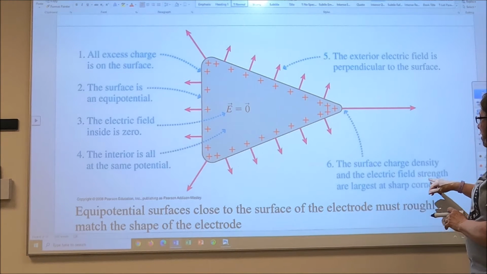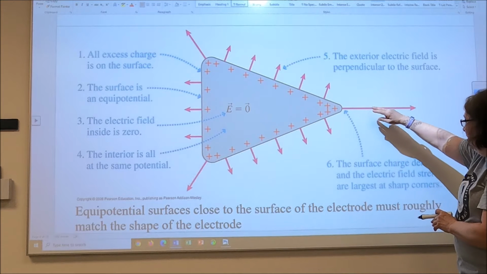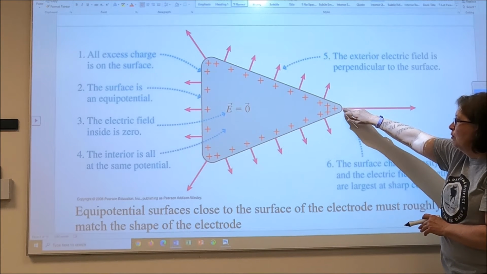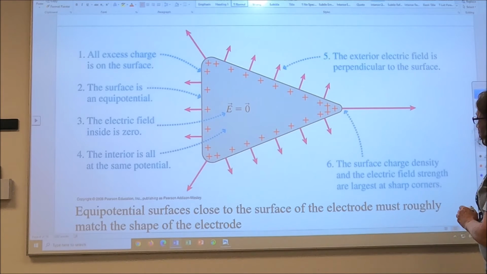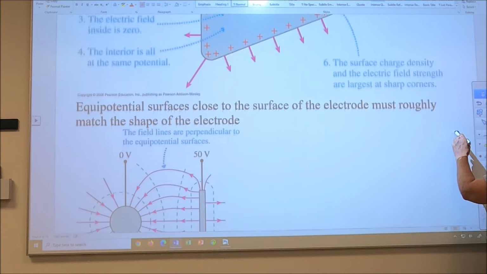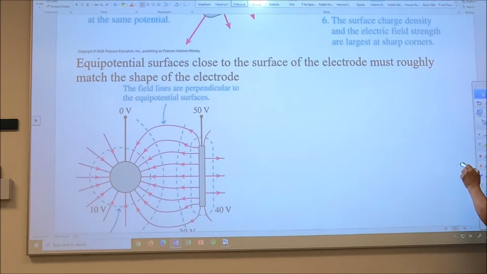The electric field is strongest at sharp turns where we have the largest density of charge. So, equal potential surfaces close together are going to have larger electric fields than those that are further apart.